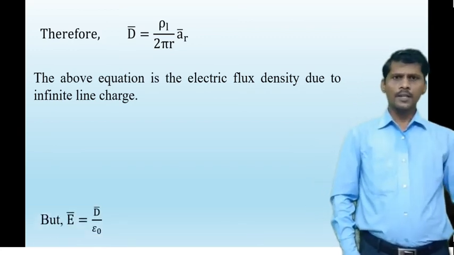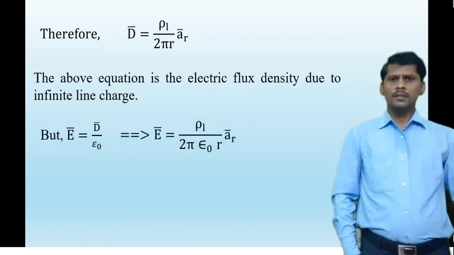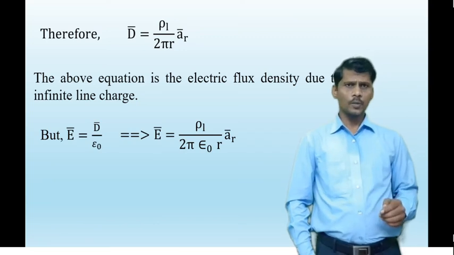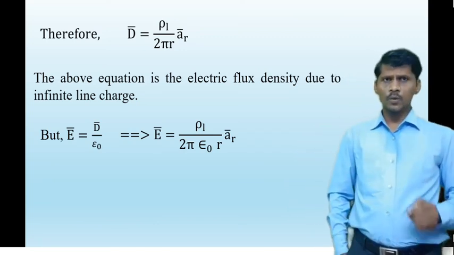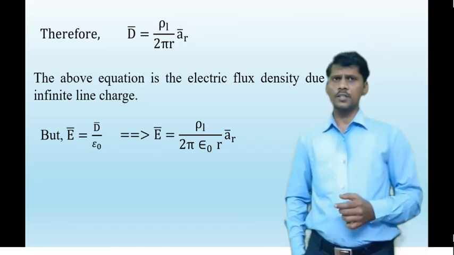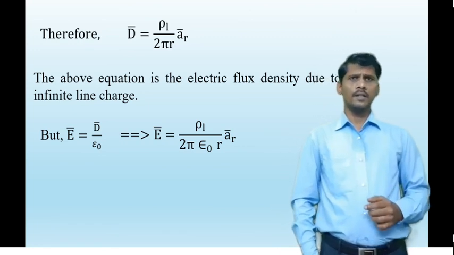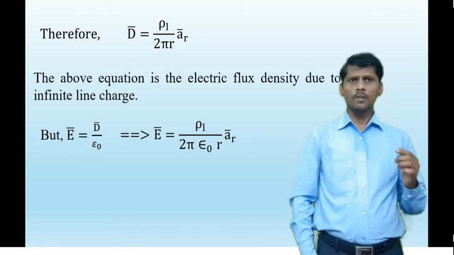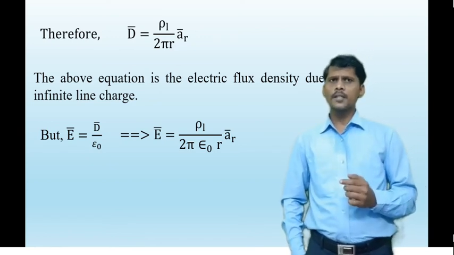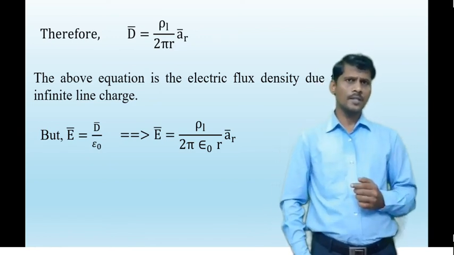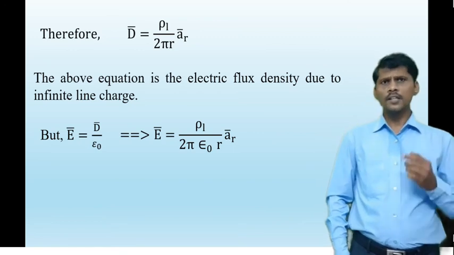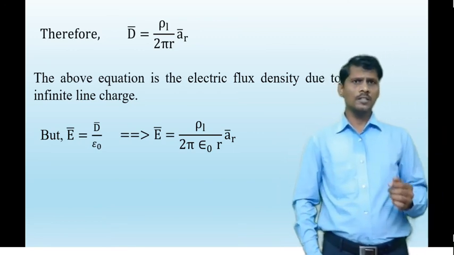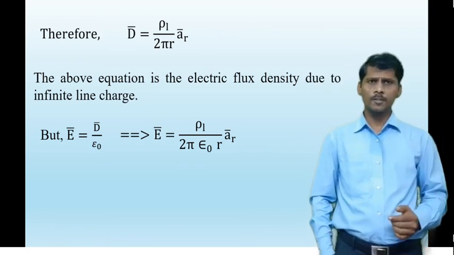Therefore, the electric field intensity E bar is equal to rho L by 2 pi epsilon naught r into ar bar, where rho L is the line charge density in coulombs per meter, r is the radius of the cylinder or radius of the Gaussian surface, epsilon naught is the permittivity of free space, and the direction of the electric field intensity or electric flux density is along the radially outward direction.